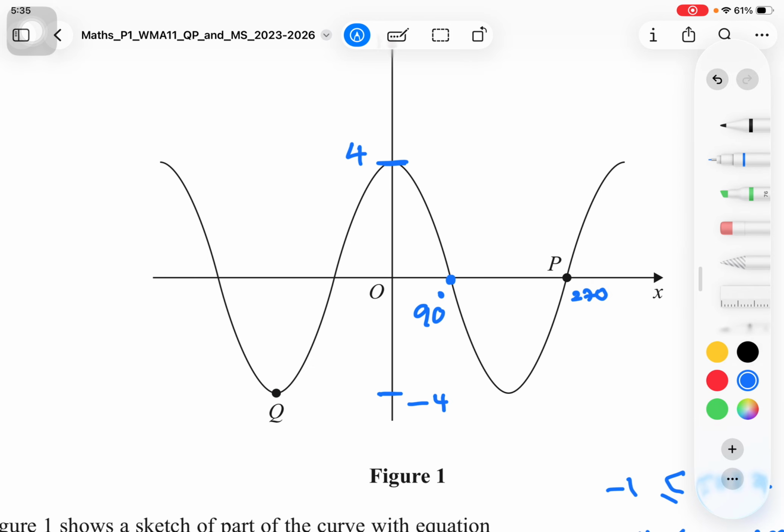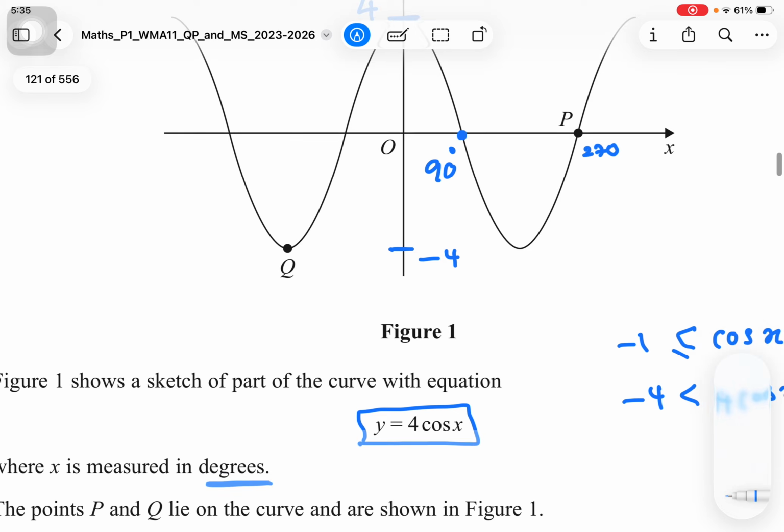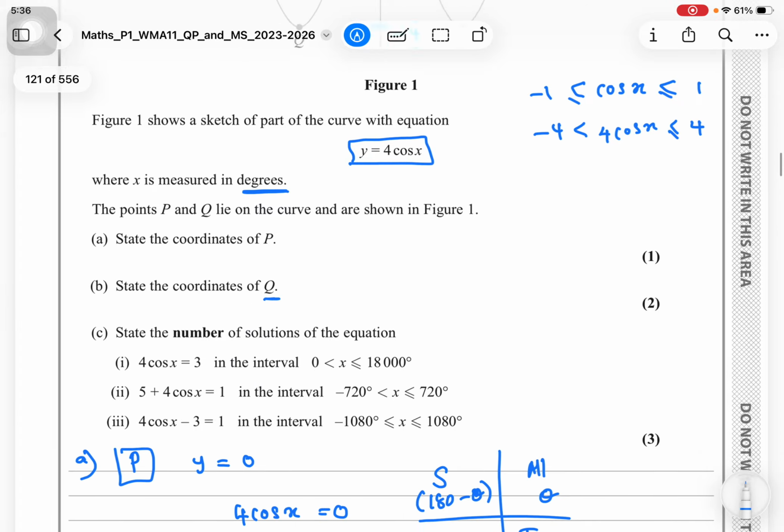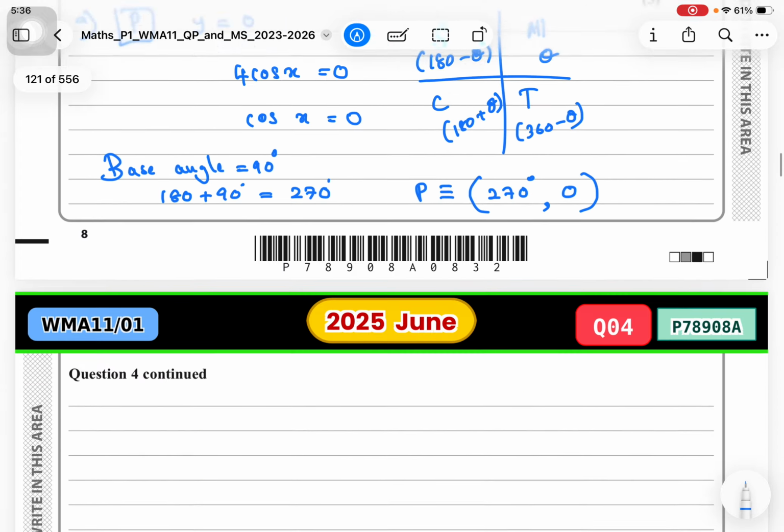In such cases, you can see how many marks are given for the question. It's 2 marks, so they do expect a little bit of explanation. Otherwise, we could see it's -90 here, and this will be -180. Anyway, let's do a little bit of working for them.